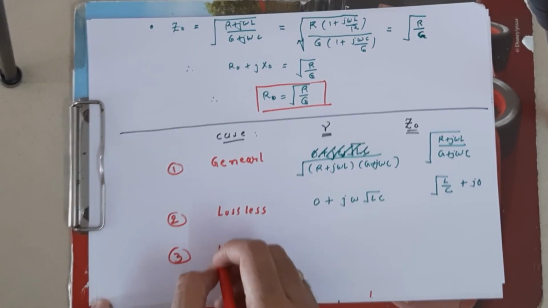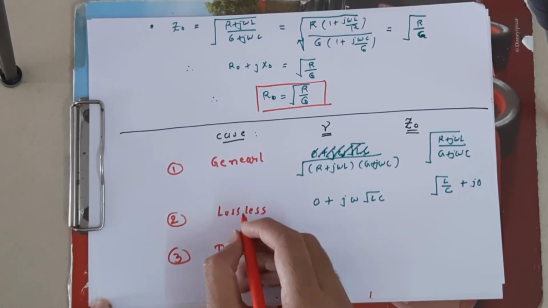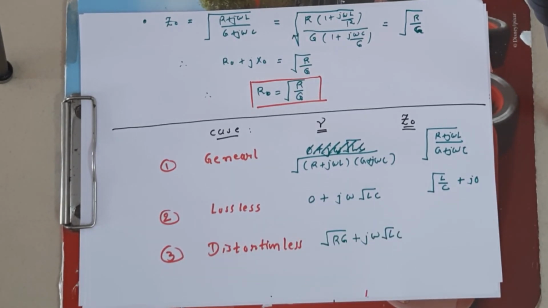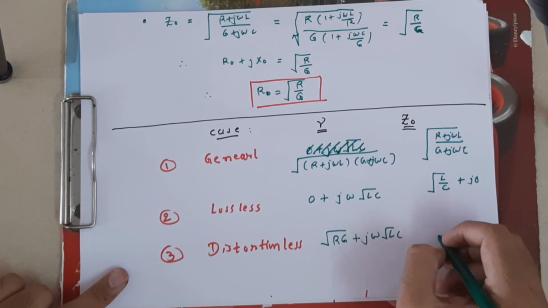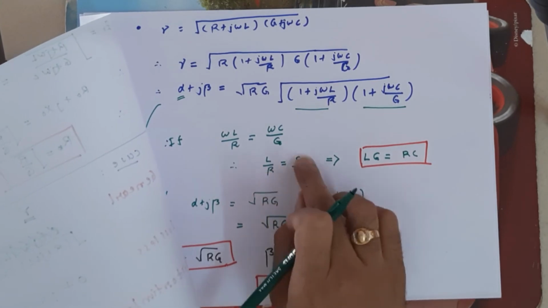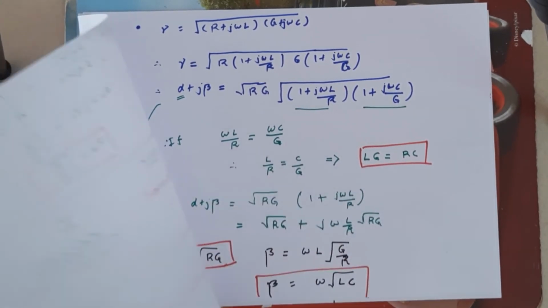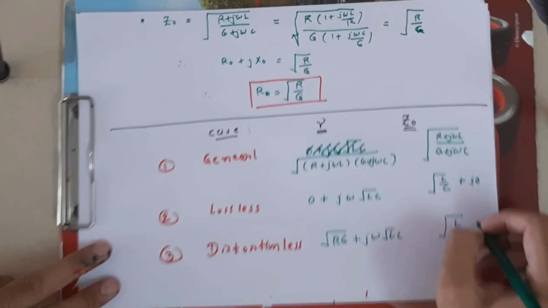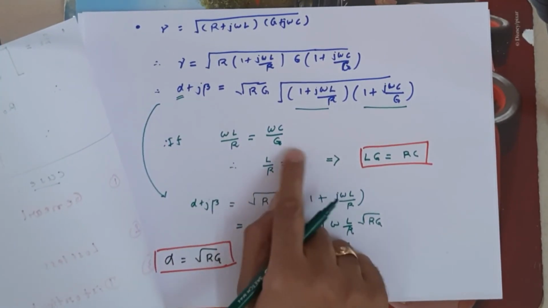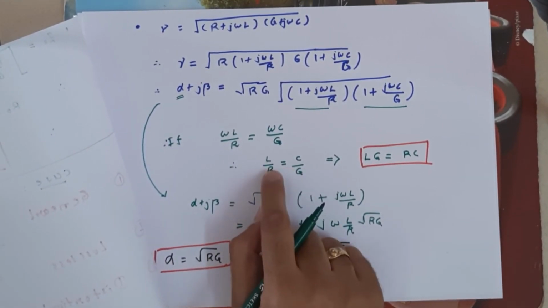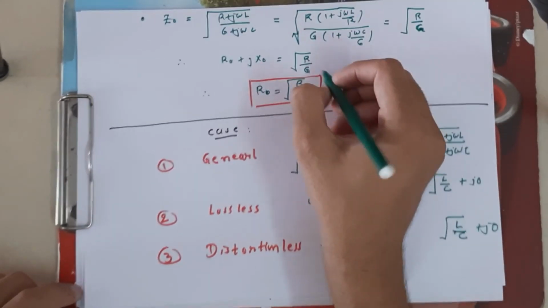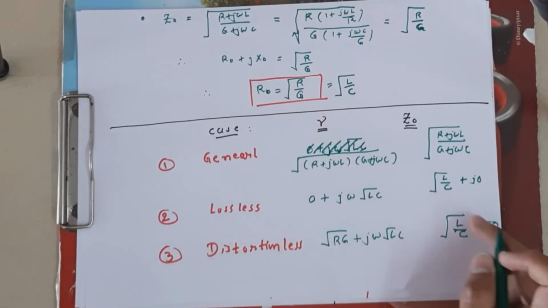Third is the distortionless transmission line. Here Z0 is under root of R by G, or you can say under root of L by C. But if you notice the condition, L by R is equal to C by G, so L by C is equal to R by G. So instead of R by G, you can put under root of L by C also, plus j0.